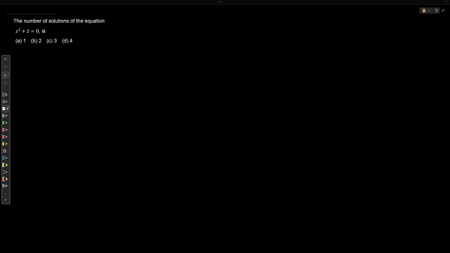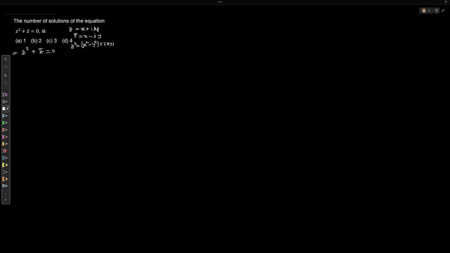Let's see one interesting MCQ. We have the equation z square plus z bar is equal to 0. If we take z equal to x plus iy, then z bar will be x minus iy and z square will be x square minus y square plus 2xyi.